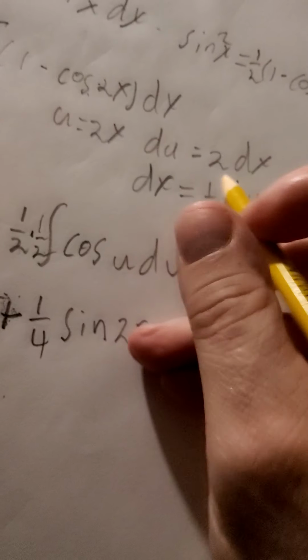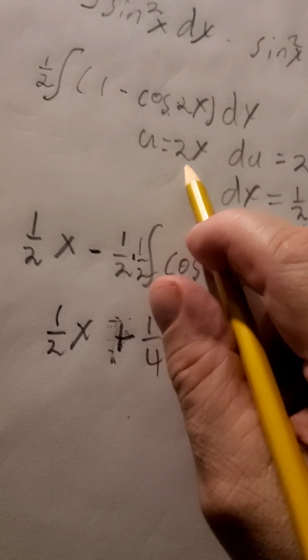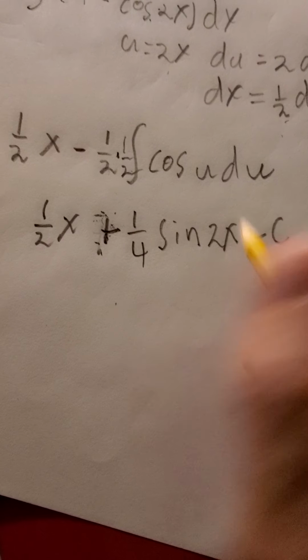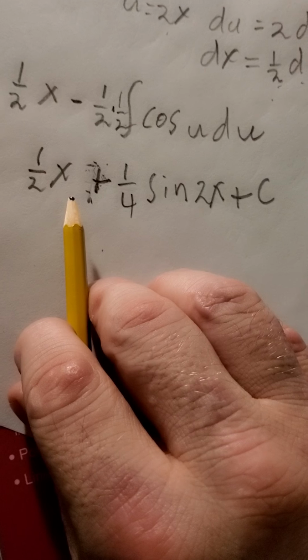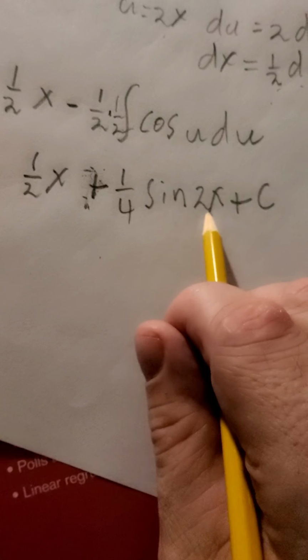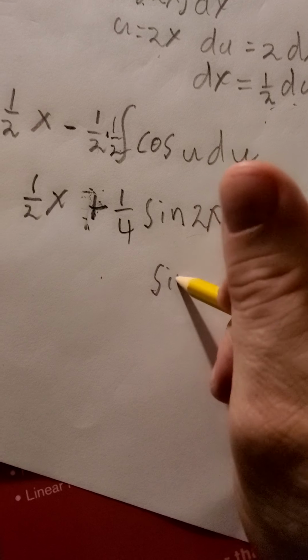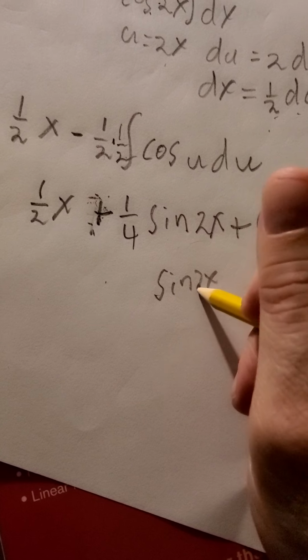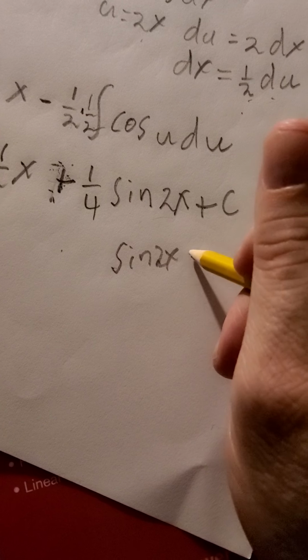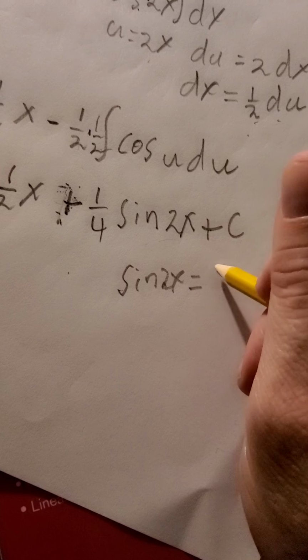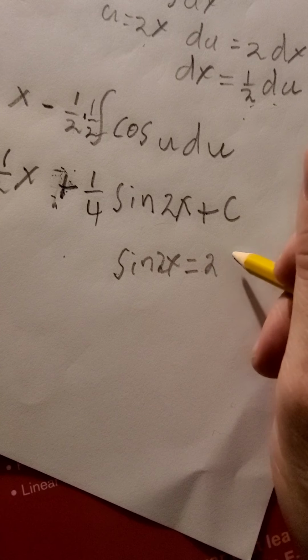Because I let u equal 2x. So I got to put a 2x back in there for u, right? So now, well, what about this sine 2x? Can that be reduced? Well, sine 2x by the double angle formula for sines equals this, you can check this up with trigonometric identities, 2 sine x cosine x.